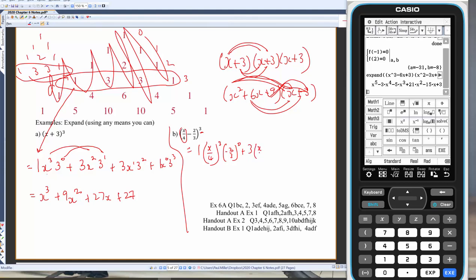And I'm going to go x on 4 to the 2, negative 2 on 3 to the 1. Then I'm going to go 3, x on 4 to the 1, negative 2 on 3 to the 2. And the final one is going to be, a bit optimistic with the space here, 1, x on 4 to the 0, negative 2 on 3 to the 3.